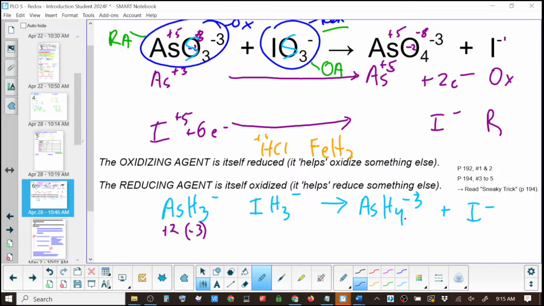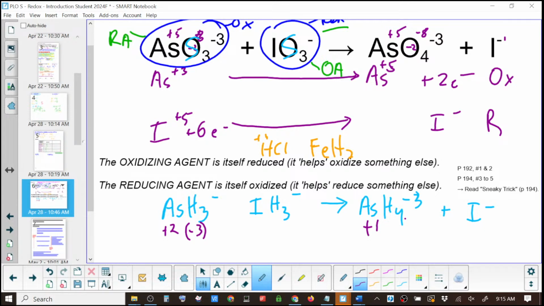However, what is it here? So what's arsenic in this, if we have H4 at -3? Plus 1. So in this case, it went from +2. The hydrogen never changed. We know the rules, it's always going to be -1. So we go through and see what changed. What changed was the arsenic.